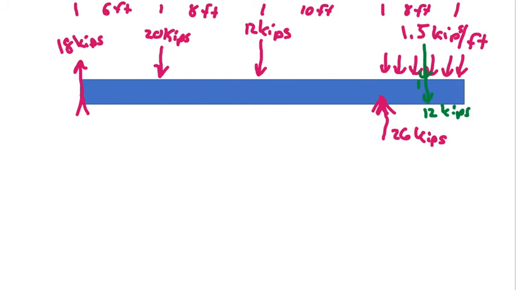So now let's look at the graphs. I'm going to go a little fast on these graphs. For the first 6 feet, I'm 18 up, and then I'm going to go 20 down, then I'm going to go 12 down. So from here to here, it's going to be 18 up, then it's going to be minus 2, then it's going to be minus 24.